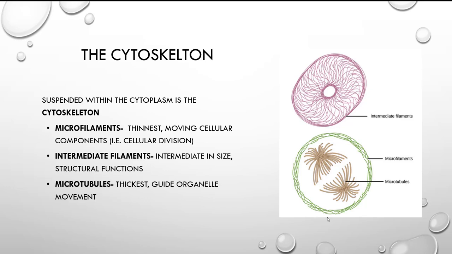The cells of your small intestine need really big surface areas to maximize the absorption of nutrients from the food that you eat. To do that, the plasma membrane has to have extensive folding, and the microfilaments provide the structure for that extensive folding. So the structure of the microvilli is due to those microfilaments.